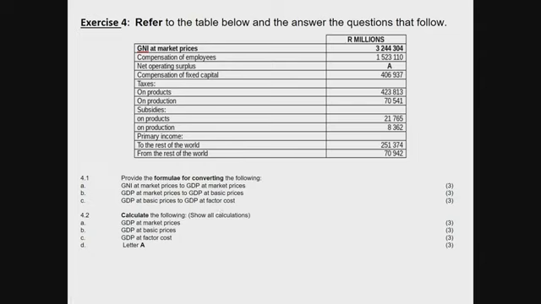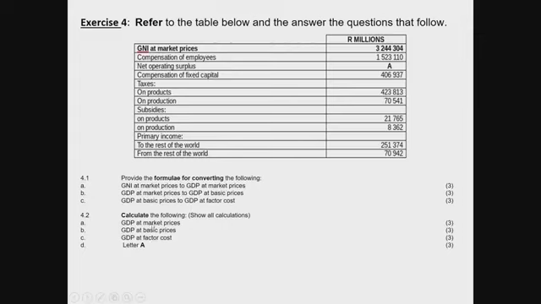And then 4.2, they're asking us now to do the calculations for each of these. Calculate GDP at market price. So to get to GDP at market price, there's no calculation here because they've given it to you right on top there. Sorry, GNI.